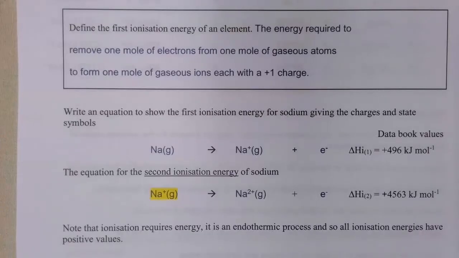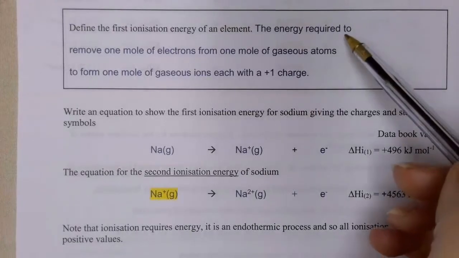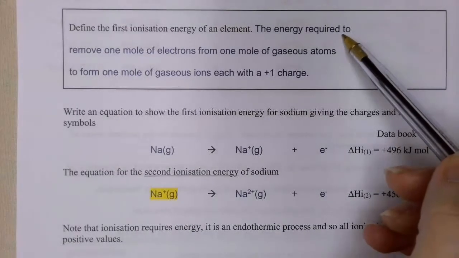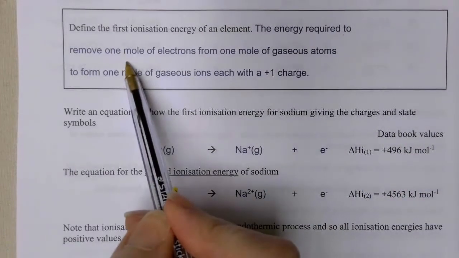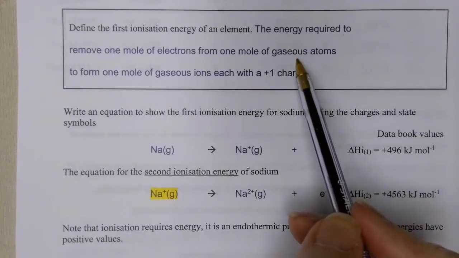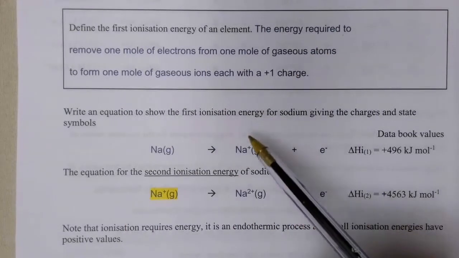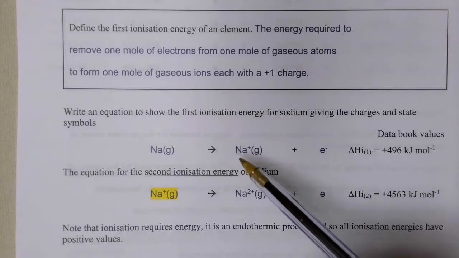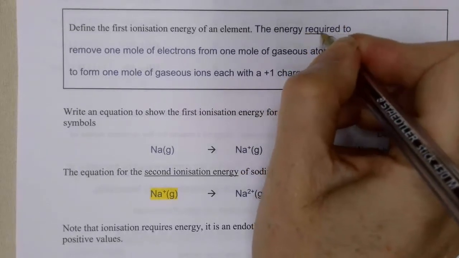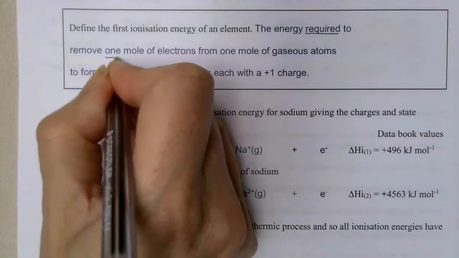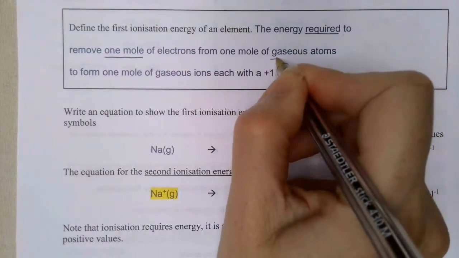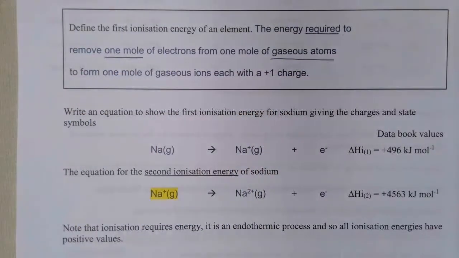So we define the first ionization energy as the energy required, and it's always required because it's an endothermic reaction, to remove 1 mole of electrons from 1 mole of gaseous atoms. So there are some key things that you need to get into your definition. It's always energy required, it's always 1 mole, and it's always from gaseous atoms.